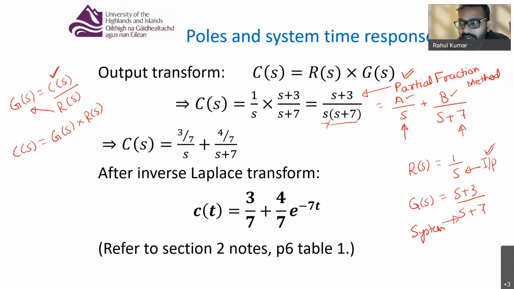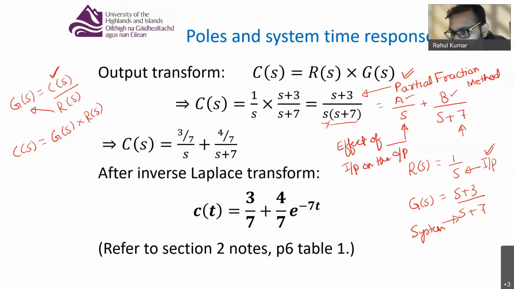So the first term represents the effect of input on the output.